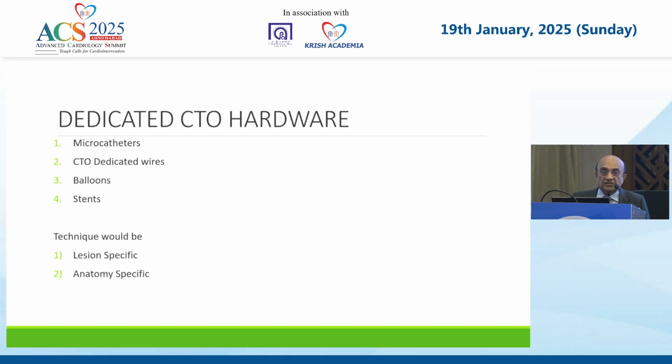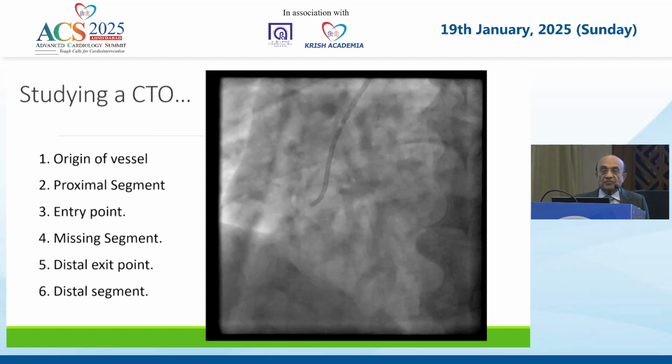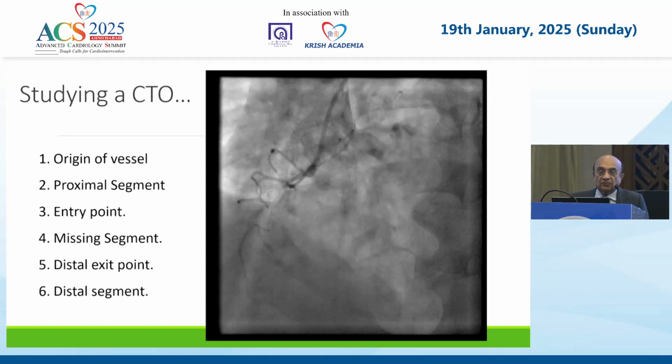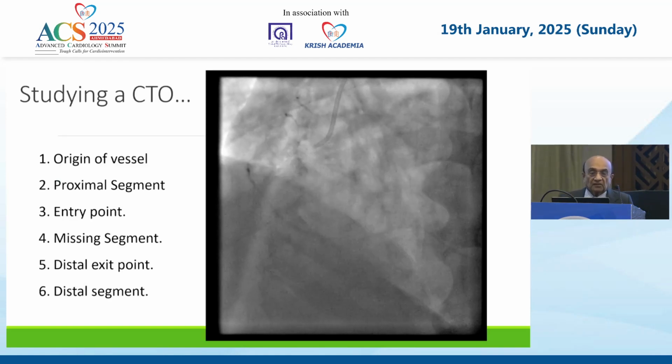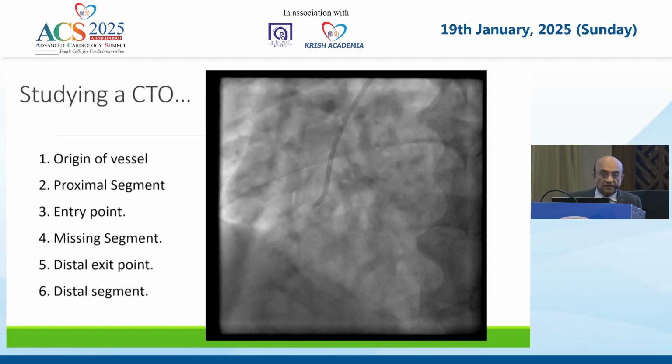So dedicated CTO hardware includes microcatheters, dedicated wires, and of course balloons and stents, and those are lesion specific and anatomy specific. Let me illustrate what I mean. You see this particular case, the origin of the right coronary is anomalous.